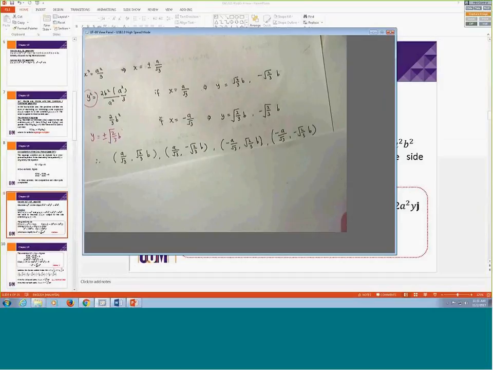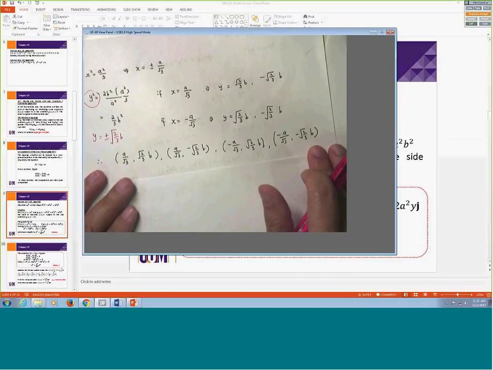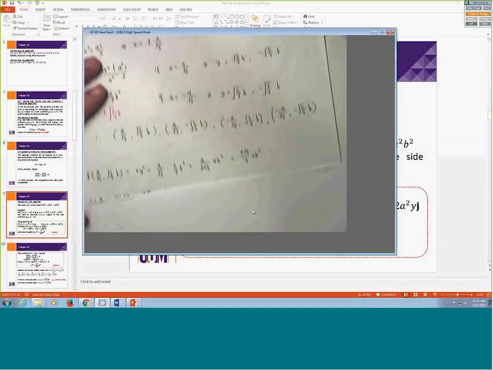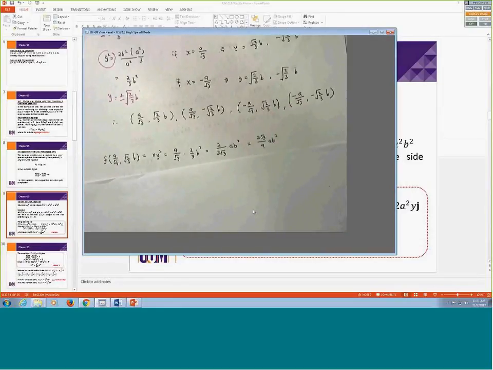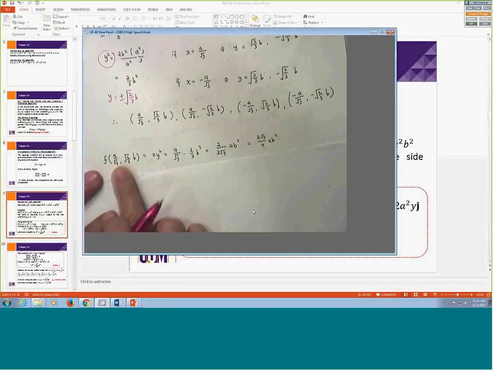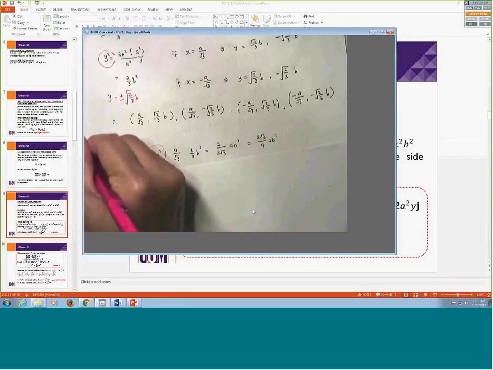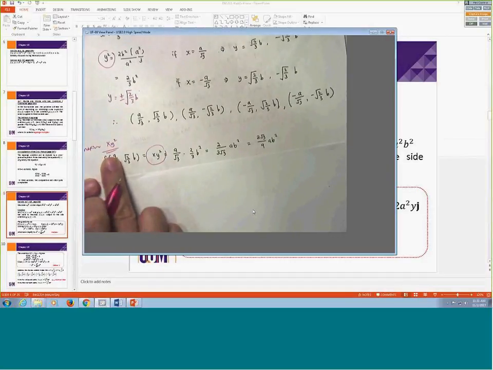So which point gives the maximum? Because you want to maximize the function under this condition, you need to find the values for these 4 points. Which one gives you the maximum? Then that is the maximum value. When you substitute this first point into f, because you want to maximize xy squared, you get the value.